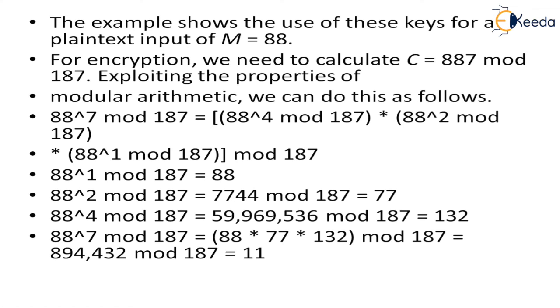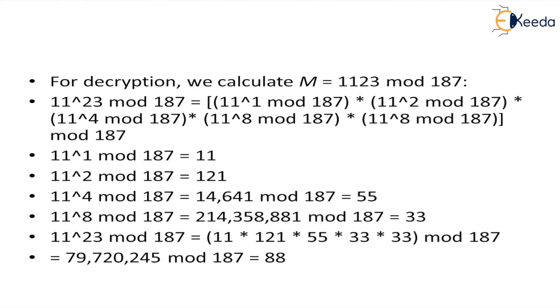For 88 raised to 4, this calculation gives 132. 88 raised to 7 gives 11. So these kinds of arithmetic operations are there.